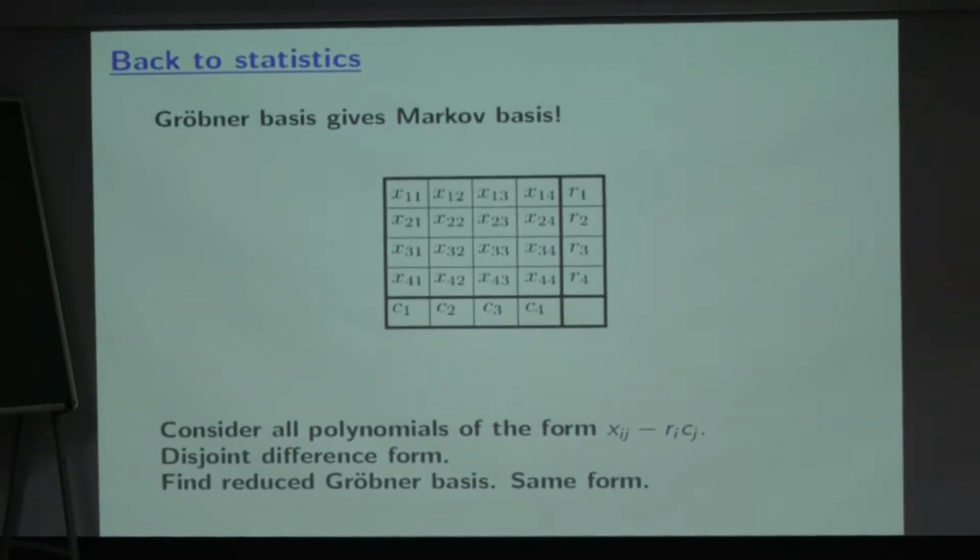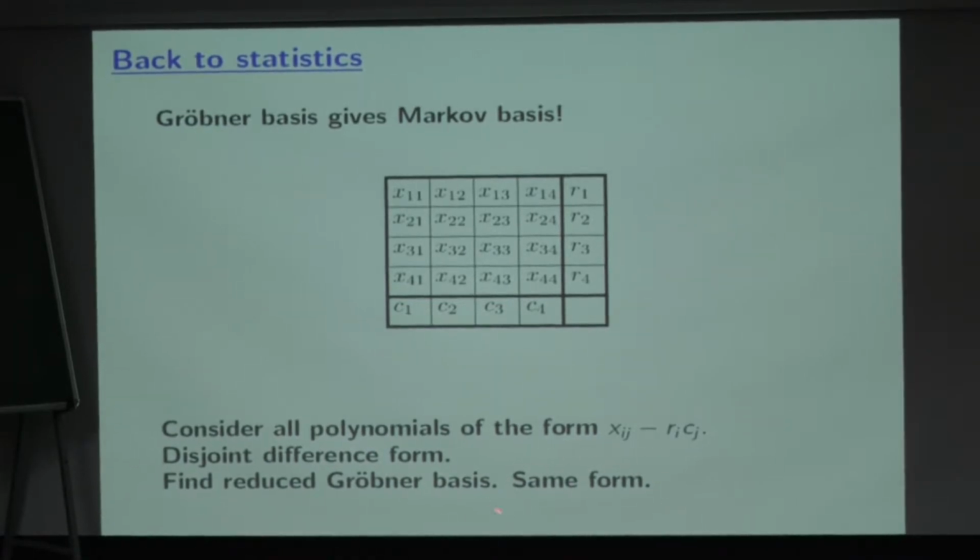It can be proved, though that paper does not really prove it, they just assume it, that all the things that you get will again be of the disjoint difference form. That is, just a difference of two things, whatever occurs here will never occur after the minus. And that will give you a Markov basis.